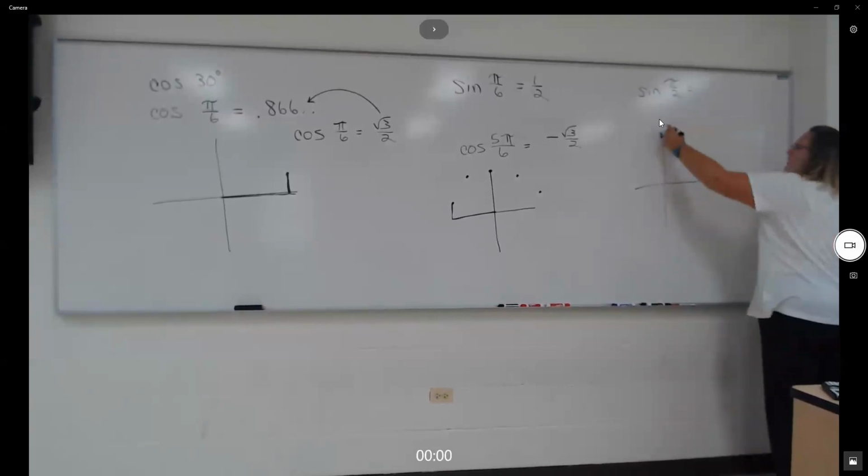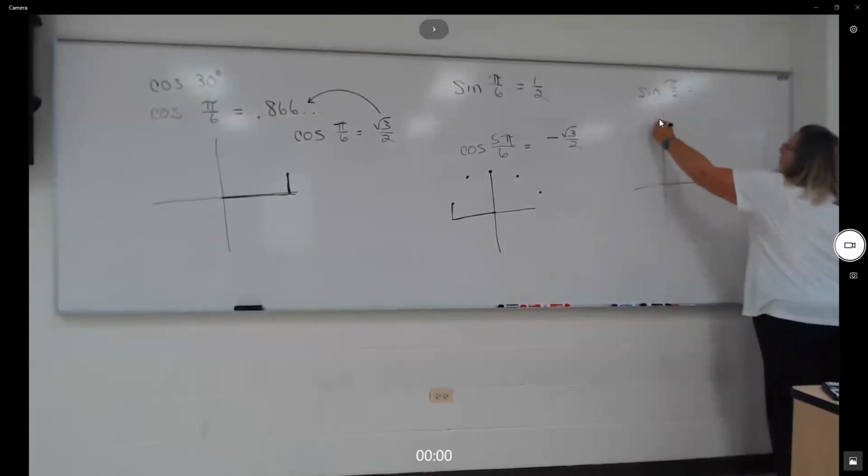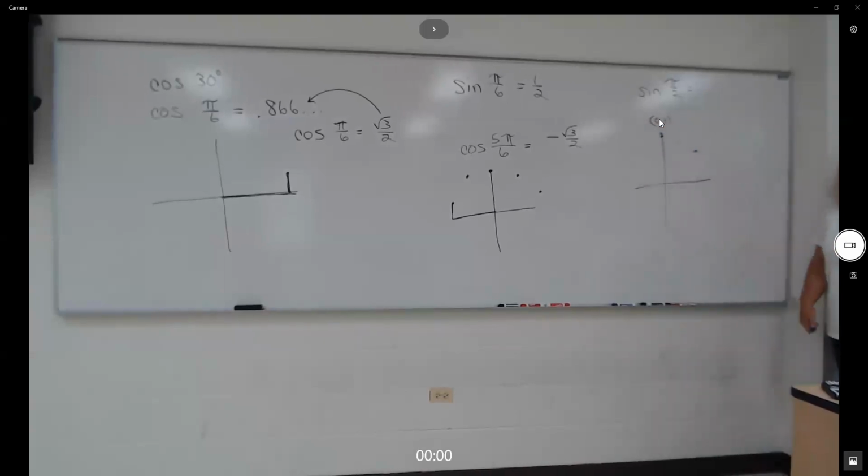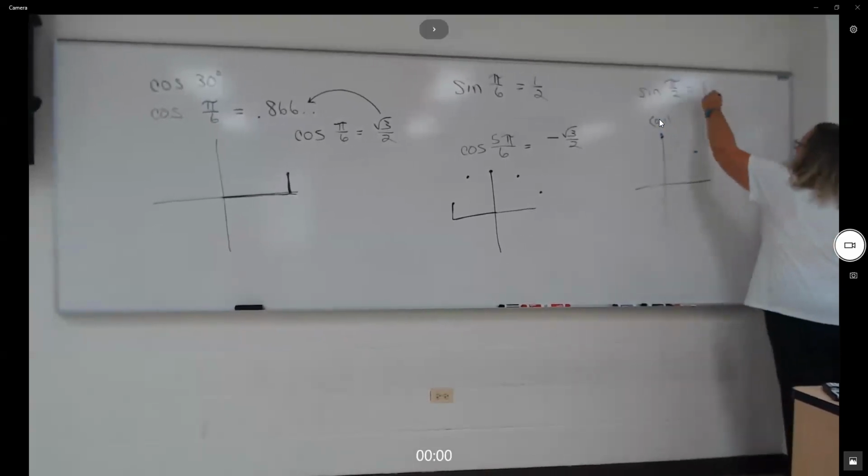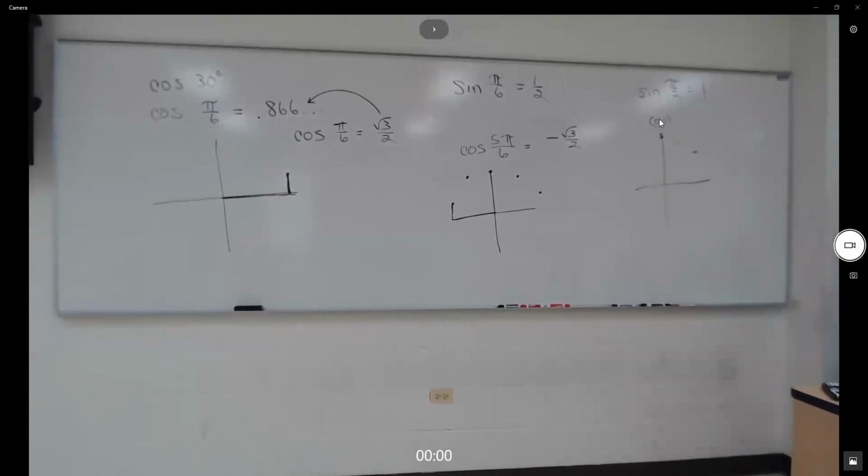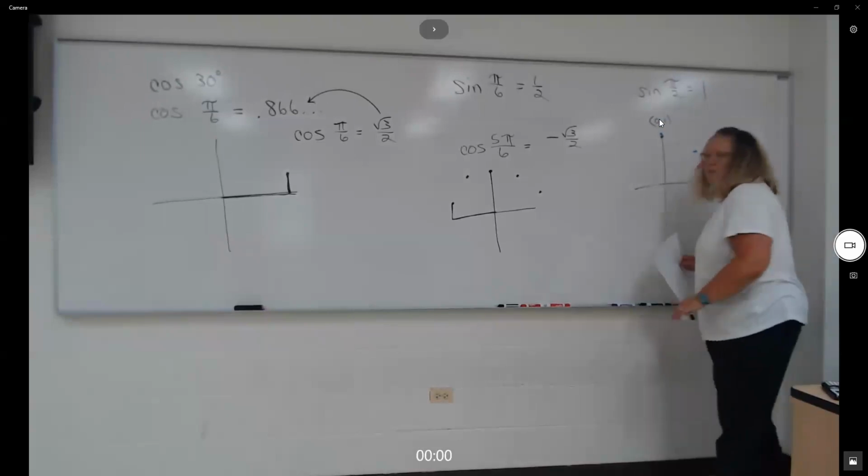The coordinates of this point I know are 0, 1, whether I look at my unit circle or I should just kind of know it. And sine is the y value. And if you typed in sine of pi over 2, the calculator would give you 1. Question, how are we doing?